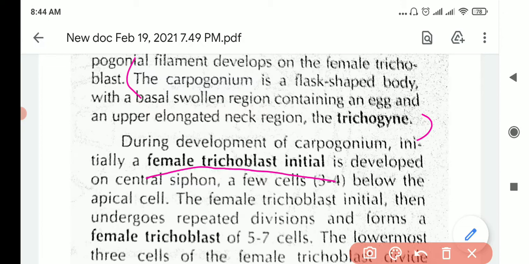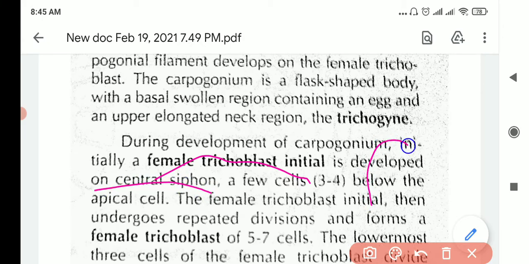I will tell the class representative to inform the girls about class time or to submit assignments, then she is the initial, she starts and tells all of you, and then you do the work. It occurs everywhere. You need one initial. So a female trichoblast initial cell is developed on the central siphon.